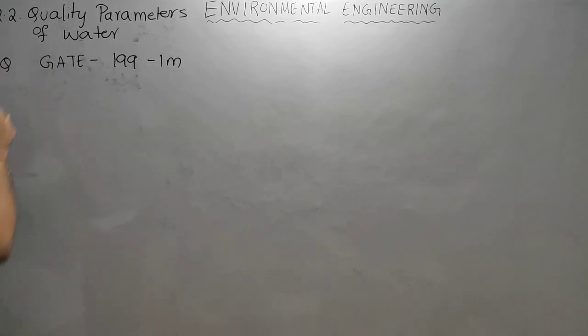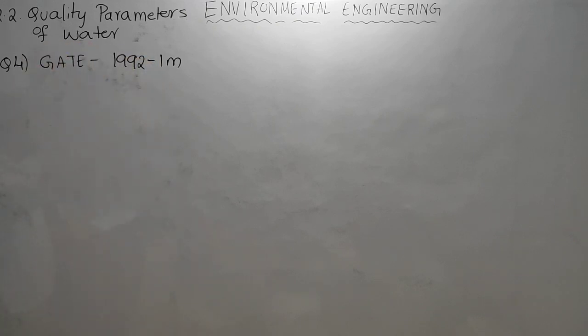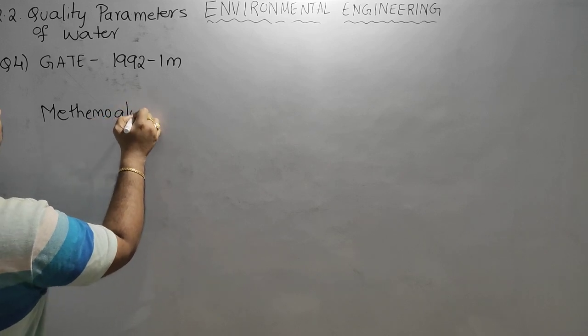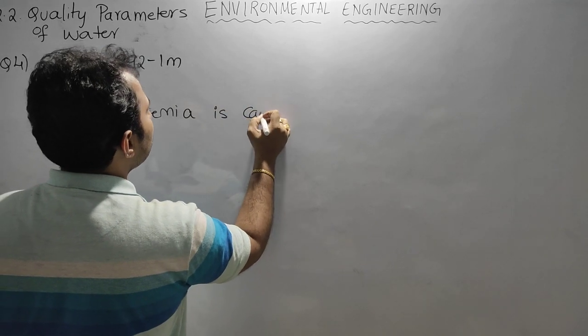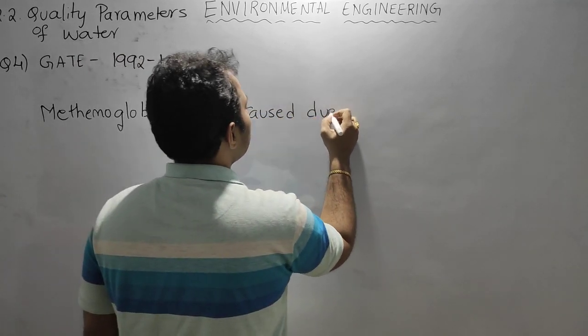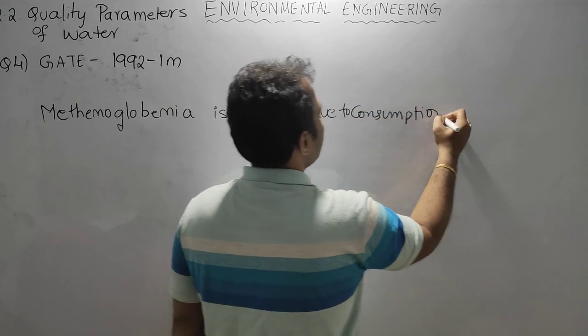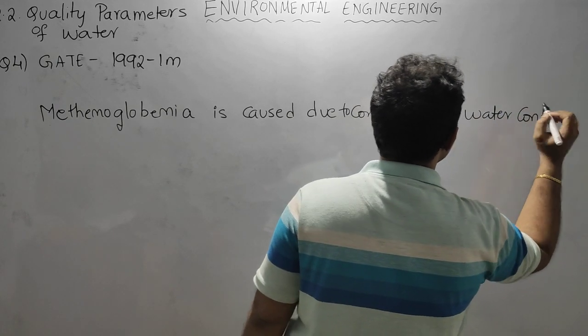Question number 4, 1992, 1 mark question. Methemoglobinemia, the blue baby syndrome, is caused by consuming water containing excess of, simple, nitrates. So methemoglobinemia is caused due to consumption of water containing excess nitrates.